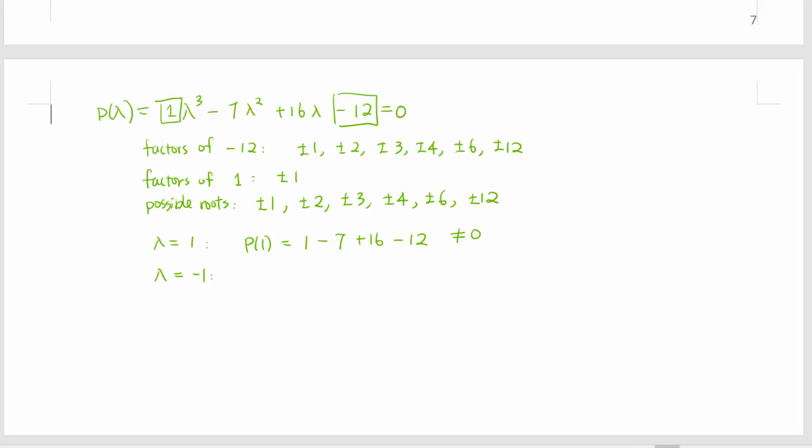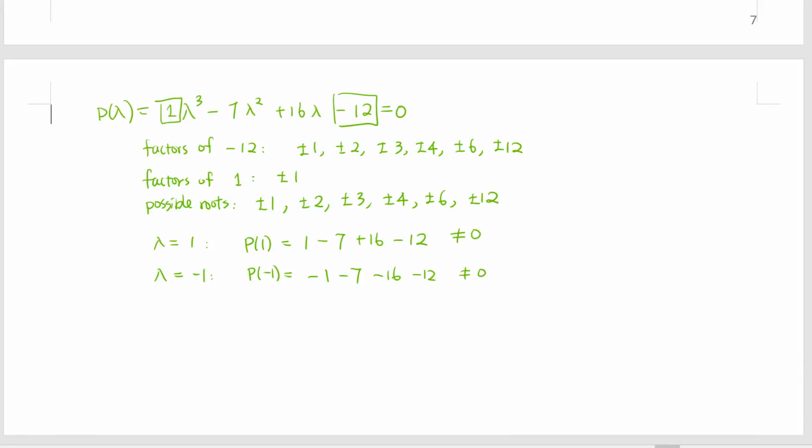Okay, we continue. Let's plug in minus 1. Minus 1 cubed is minus 1. Minus 1 squared is 1, so minus 7, minus 16, and minus 12. Oh, it's all negative. It can't be 0. So you realize we cannot pick the negative numbers.